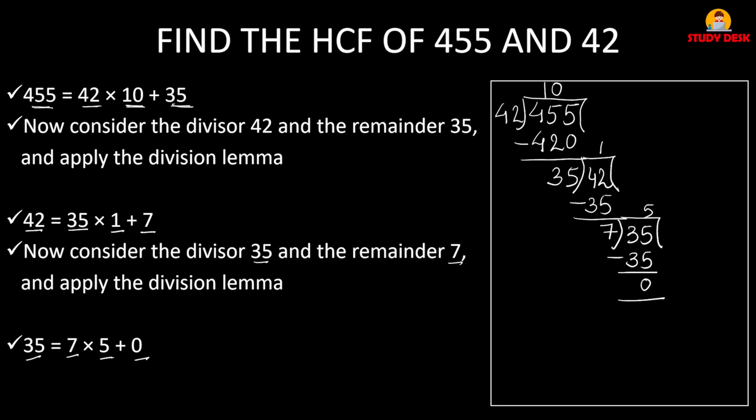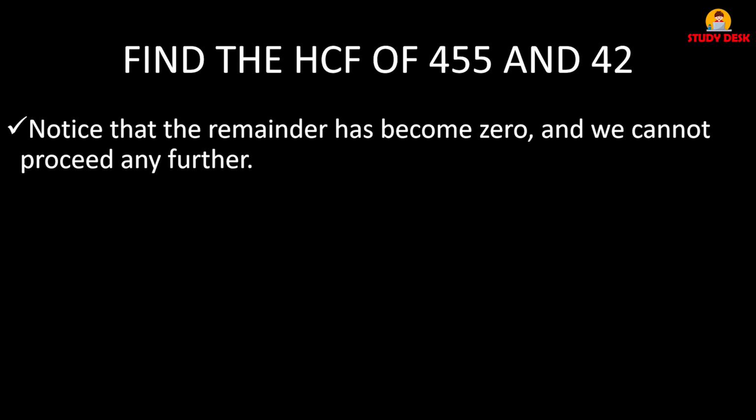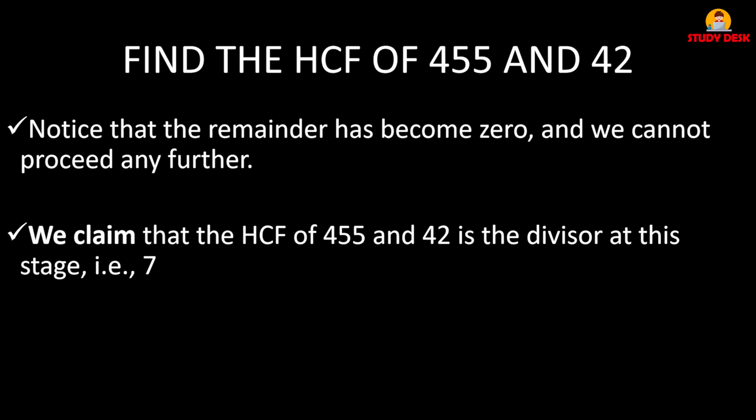At this point, we will stop the division algorithm. Notice that the remainder has become 0 and we cannot proceed any further. So, at the last step, when you get the remainder as 0, you will stop your procedure there. You will not go further. We will claim that the HCF of 455 and 42 is the divisor at the last stage when we got the remainder as 0, that is 7.